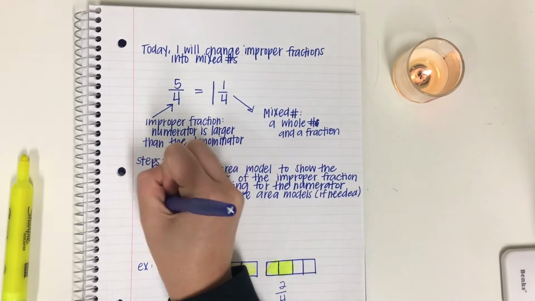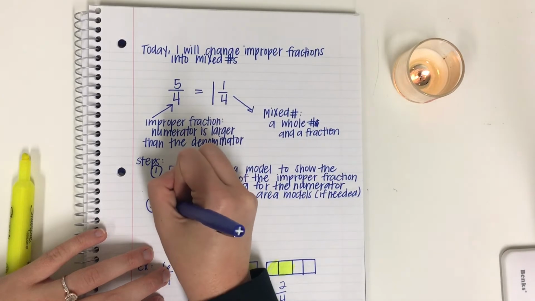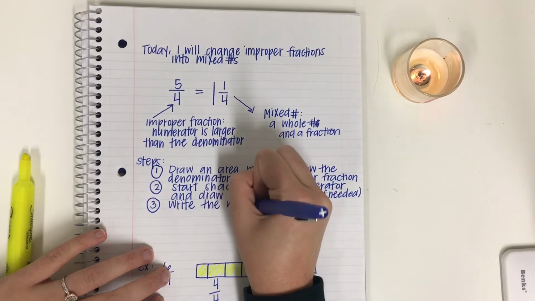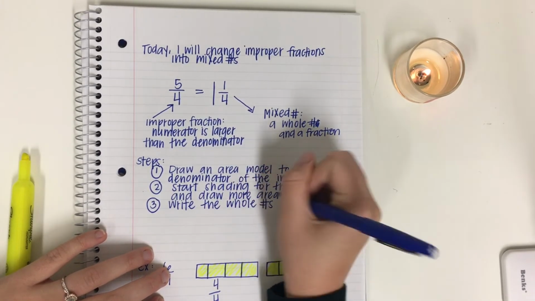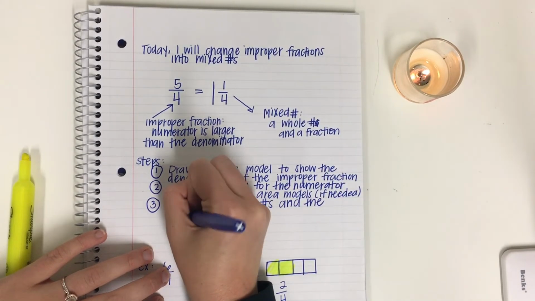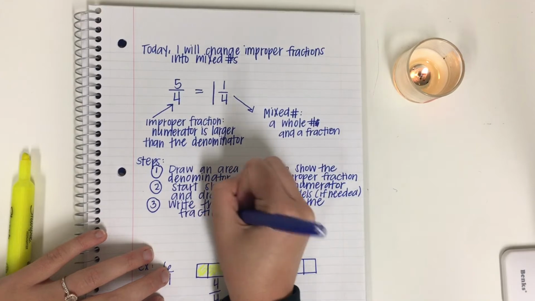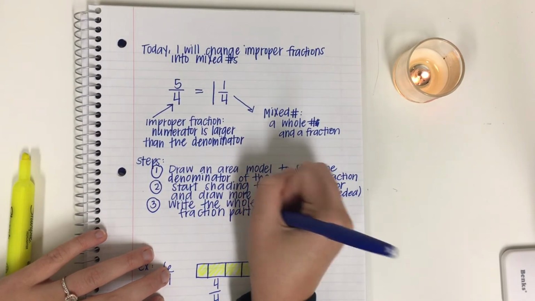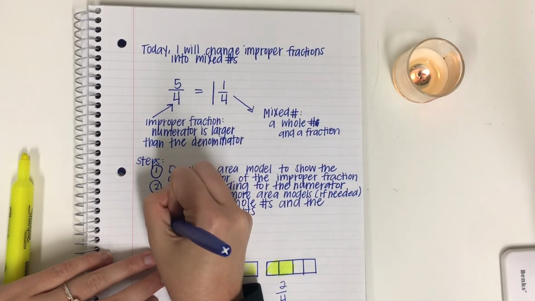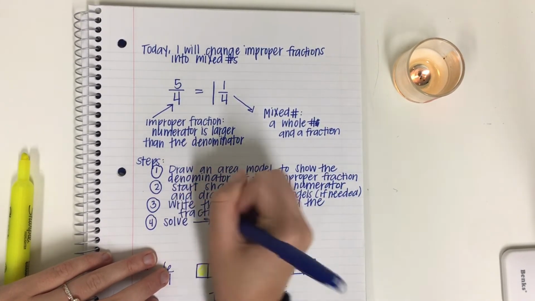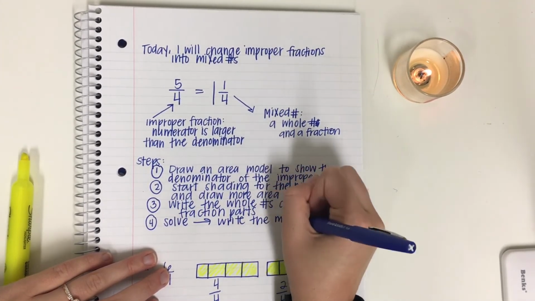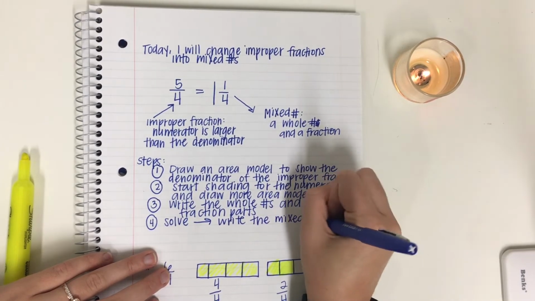Okay, step 3. Write the whole numbers and the fraction parts. Okay, and then 4 is to solve, which in our case is just to write the mixed number.